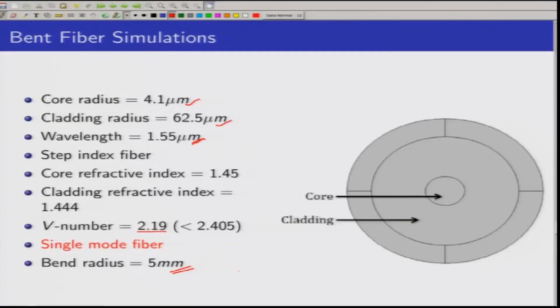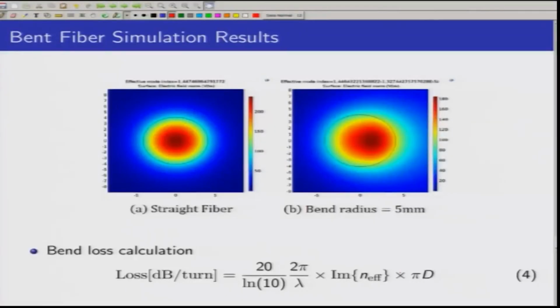Now, we have a fiber geometry, its properties and its dimensions, and we have seen how we solve the problem. We solve the wave equation and follow the same process, and let's see what results we get. In figure A, as we have seen in the earlier case, we have a mode confined in the core for a straight fiber, where the effective index is purely real and there is no radiation outside the core.